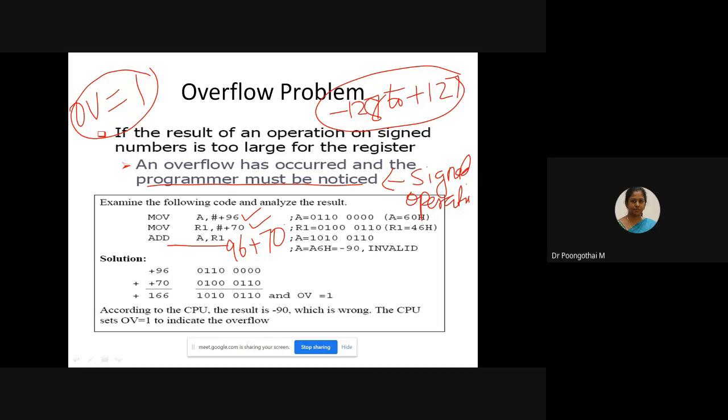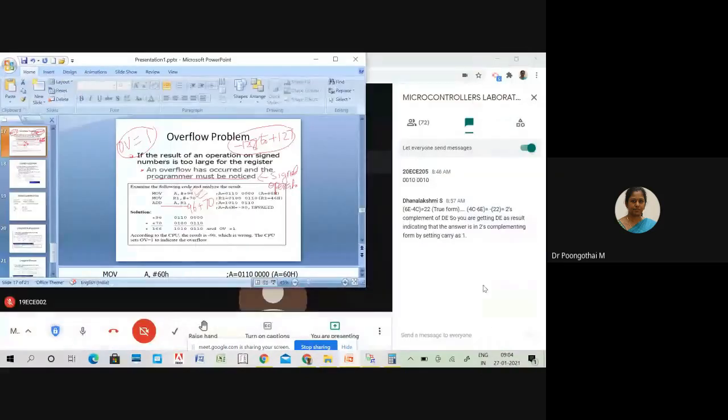These are decimal numbers, so convert them into hexadecimal and add. 60H is the hexadecimal representation for 96 and 46H is the hexadecimal representation of 70.